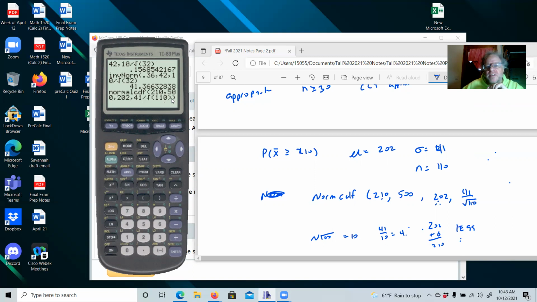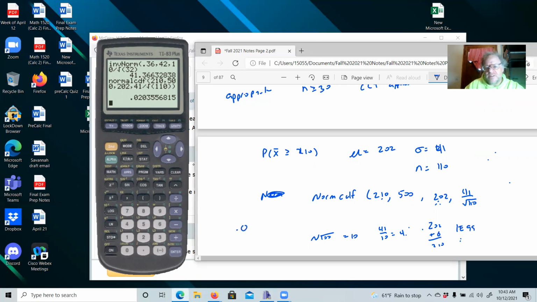Two parentheses, one for the square root, one for the norm CDF. And we know it's above 2 standard deviations, so I would have expected, with the 95% rule, about 2.5%. Empirical rule. But we have 0.02035, which is going to say 0.0204. That's fine.